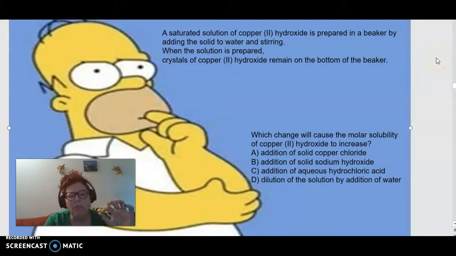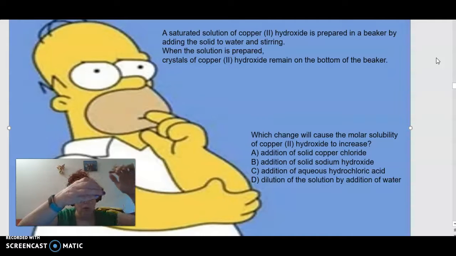If crystals, let's go back up again. Imagine it in your brain. You got yourself a little beaker. The beaker's filled with water. You put in the copper 2 hydroxide and you're stirring and you're stirring and you're stirring, and the crystals are going to the bottom.